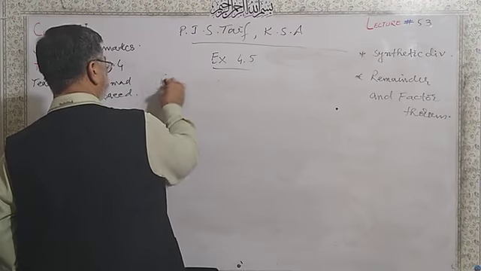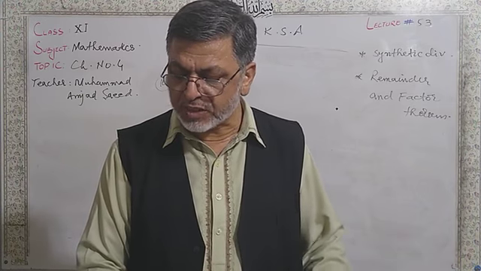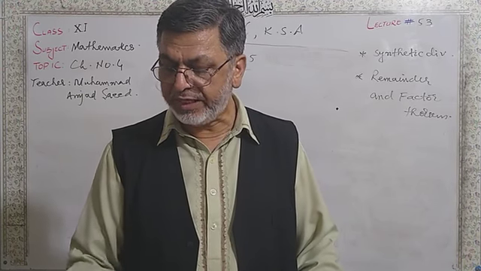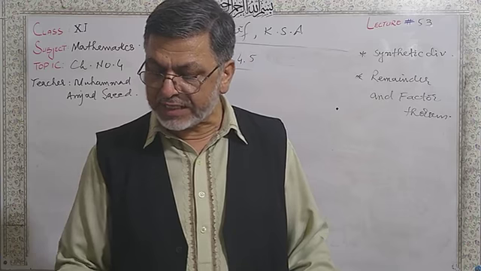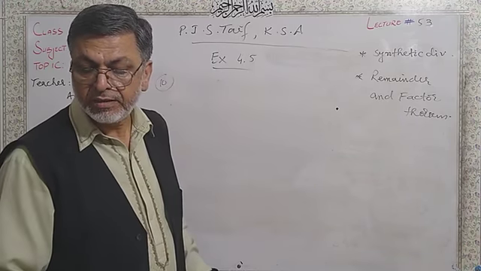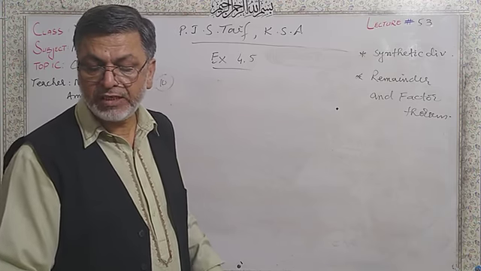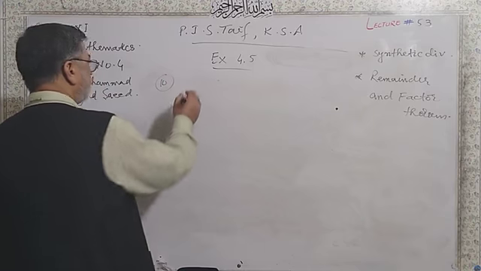Question number 10. The question is, when x^4 plus 2x^3 plus kx^2 plus 3 is divided by x minus 2 and the remainder is 1, find the value of k.